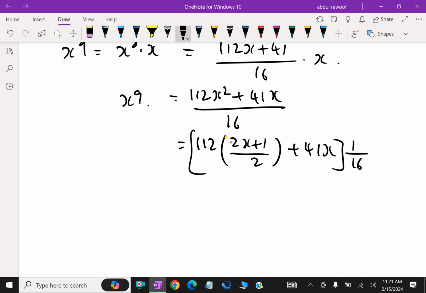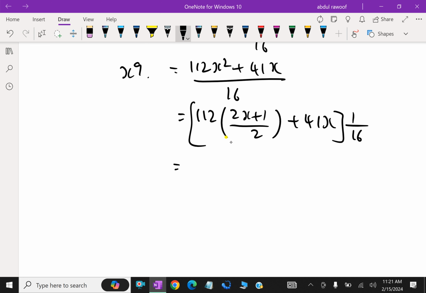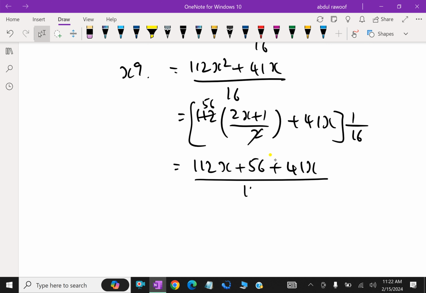Here 112 and 2 cut is 56, 56 into 2x is 112x plus 56 plus 41x over 16.